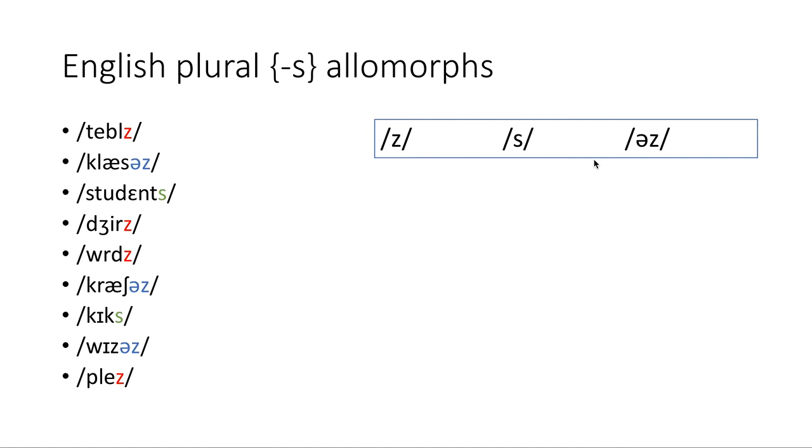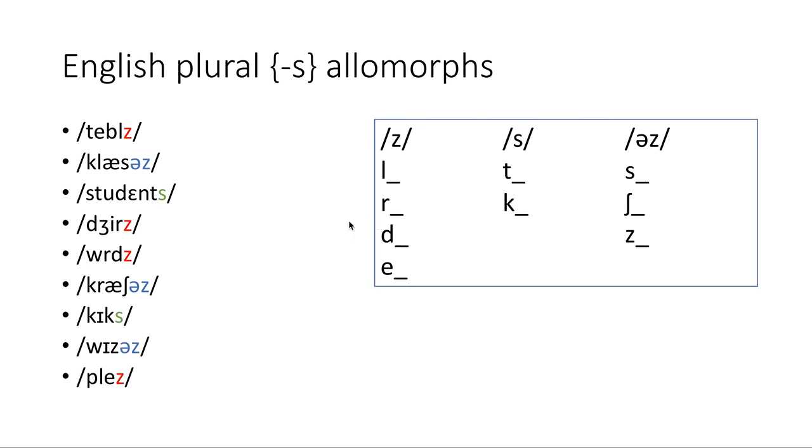How do we know what the rule is that predicts when one allomorph occurs versus another? Well, we know that it has to do with the phonetic environment of the morpheme, especially because it's a phonological property that's different between all of these. Voicing, well, we might think it has something to do with the voicing status of the sounds that surround the morpheme itself.